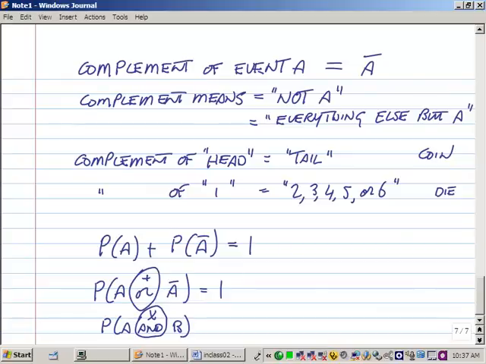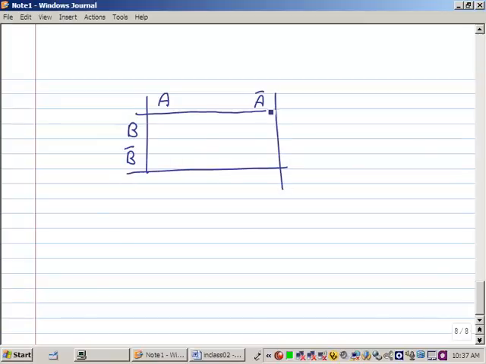And since we're talking about complements, we're going there so that in some problems we'll have both multiplication rule and complements, and in problems like that we can use the following table. So we'll have, say, events A and a complement A bar, event B and a complement B bar.